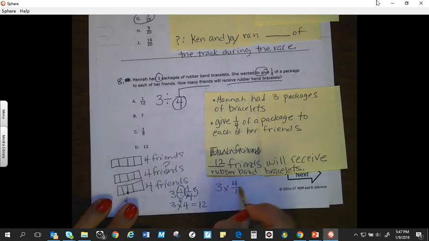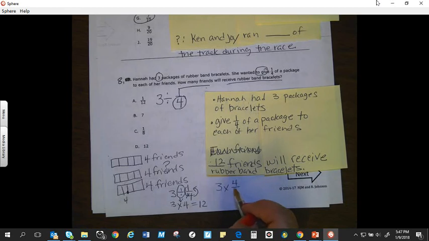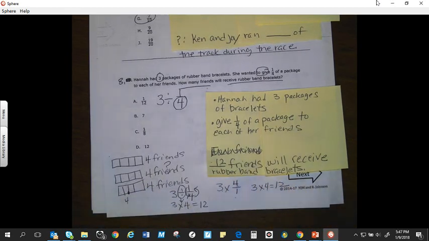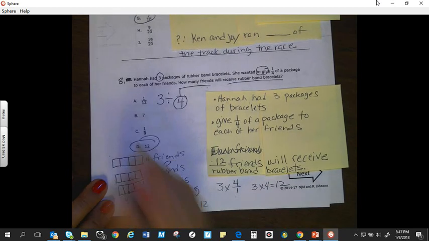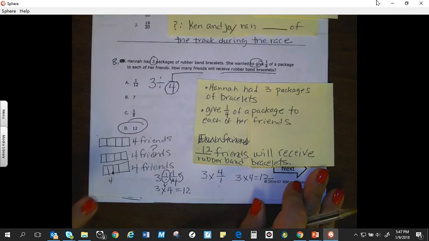Well, I know that anything over 1 is a whole number because there's 4 wholes. It'll go in 4 times, 4 groups into 4. So 3 times 4 equals 12. It's kind of repetitive. So my answer is D. Okay? Pause it if you need to go over it, okay?